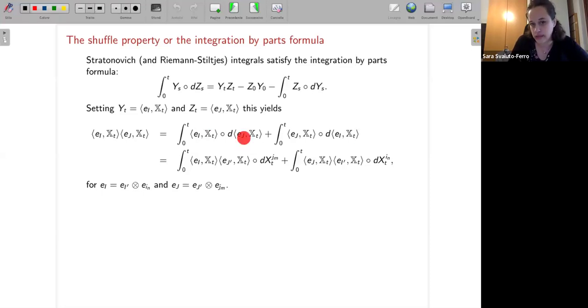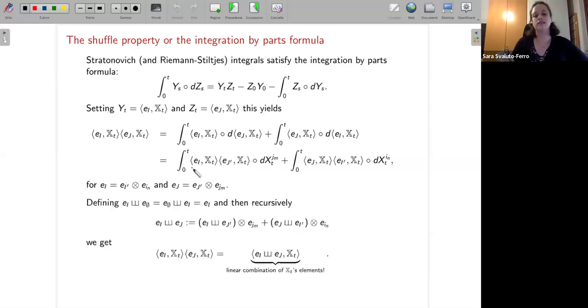You know that the J component of the signature can be written as the component of the signature without the last element, integrated with respect to the last element, and the same here. So if this again can be written in linear form, we can conclude that by induction, if we multiply two elements of the signature, we get a linear combination of the signature.